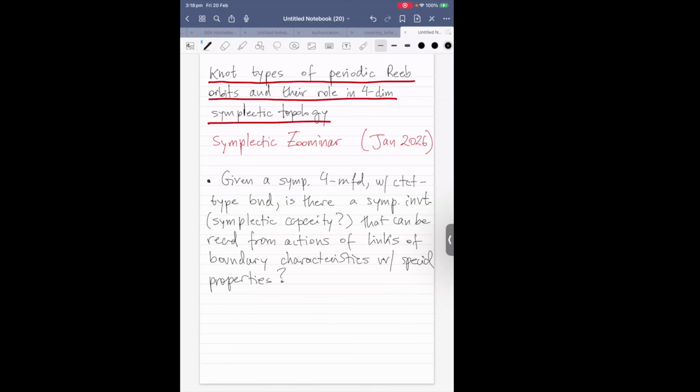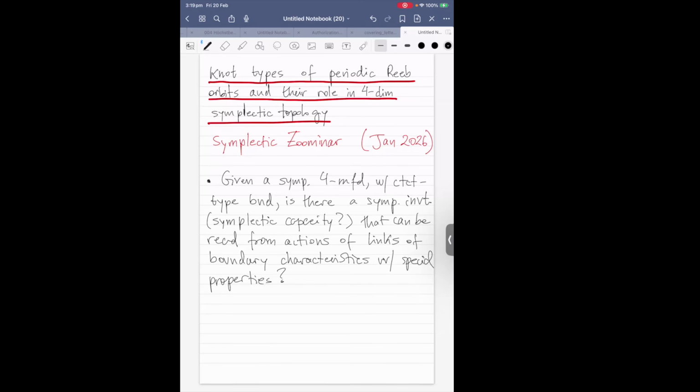So loosely speaking, we'd like to read symplectic invariants from periodic orbits of a particular knot type. Is that possible? I don't think that the community has addressed this question.